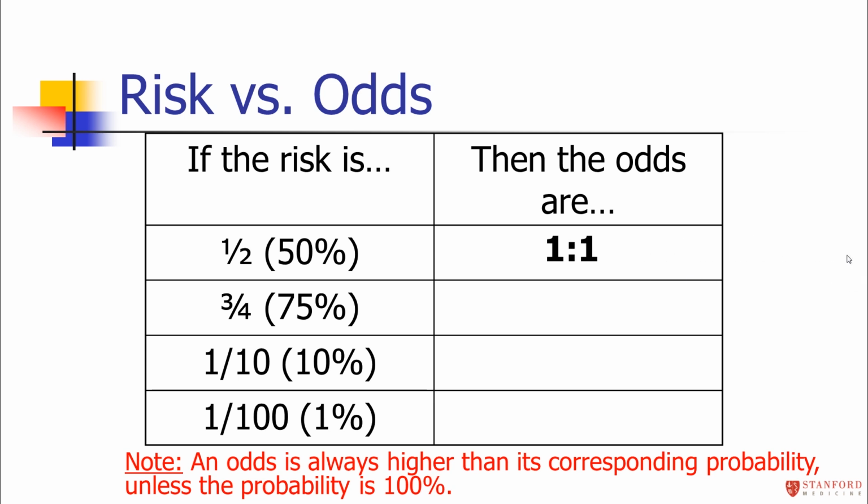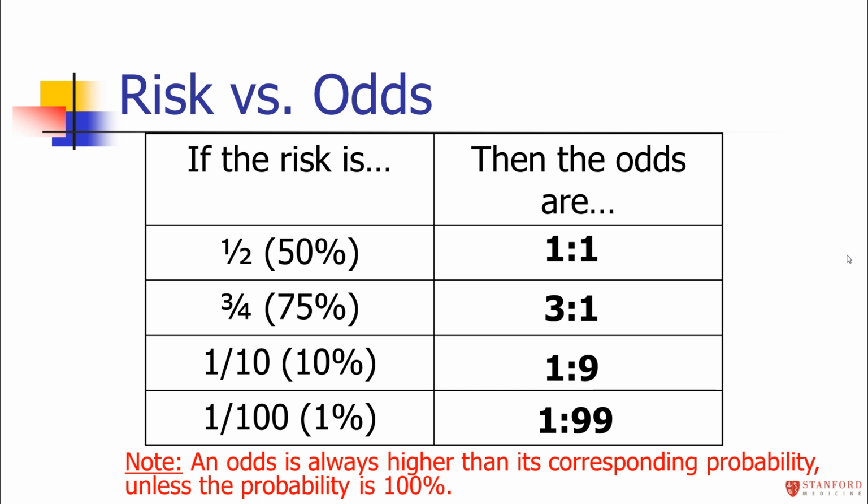If the risk of something happening is 75%, 3 times out of 4 it's going to happen, so 1 time out of 4 it's not going to happen, so the odds would be 3 to 1. If the risk of something happening is 10%, 1 out of 10, that means 1 out of 10 times it will happen and 9 out of 10 times it won't, so the odds would be 1 to 9. If the risk is 1%, 1 out of 100, the odds would be 1 to 99.